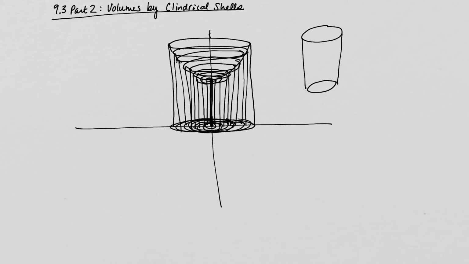Whereas before we found the area of the disc or the washer and added them up using the integral, here in the cylinder method, we are going to find the area of the cylinder and then add up all of our cylinders using an integral. So our cylinder becomes a rectangle. How do I find the area of a rectangle?